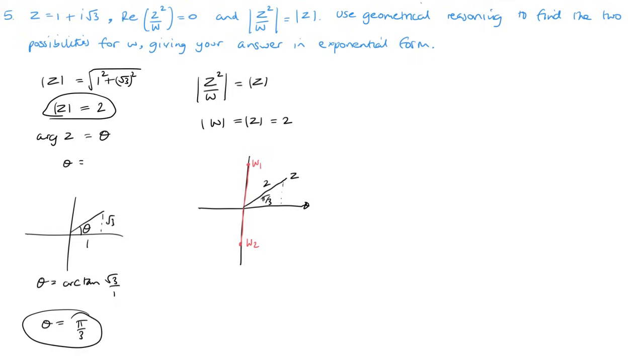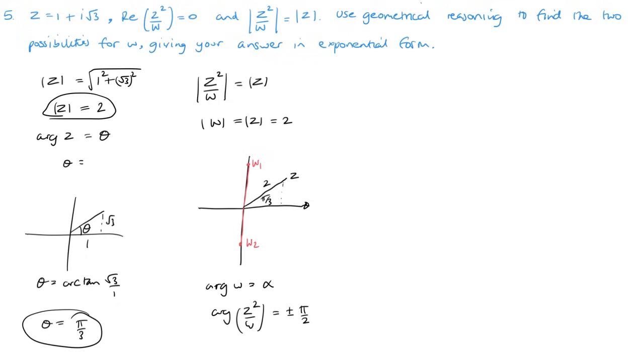If I change my pen back to black, arg w I'll call alpha. Then alpha must be going up to pi by 2 or down to minus pi by 2, isn't it? The argument of z squared over w must be plus or minus pi by 2. Okay, plus 90 or minus 90.